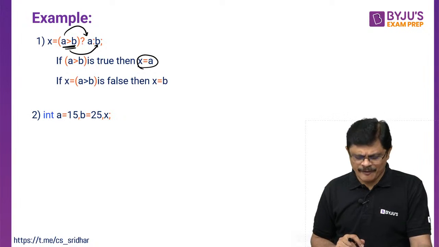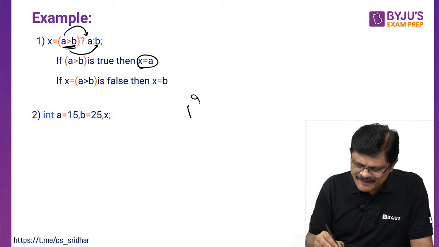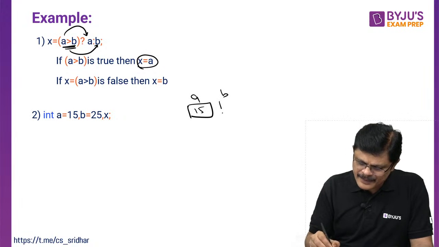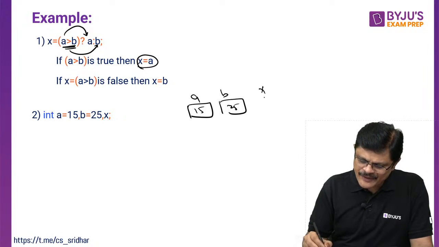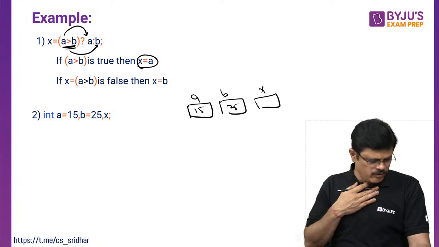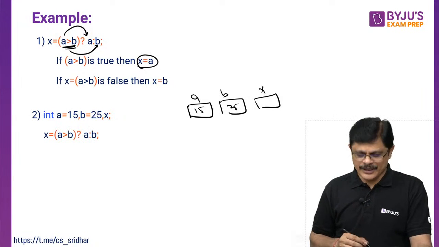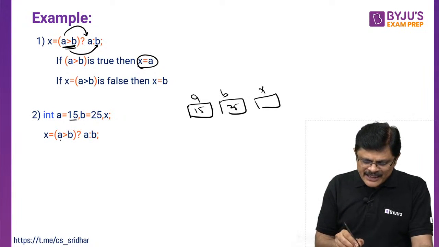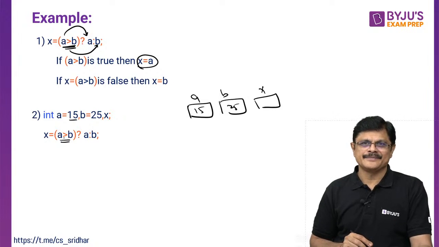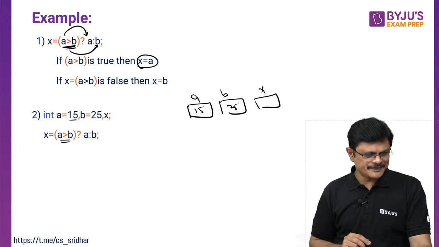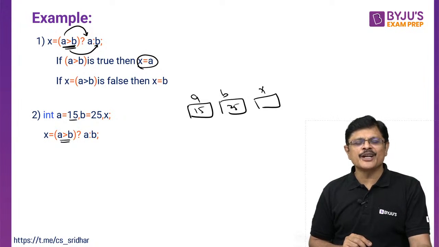Now look at this example to make this clearer. Int A is equal to 15, B is equal to 25, x value garbage. Now look here, is 15 greater than 25 true or false? False, no, 15 is smaller, so 15 greater than 25 is false.